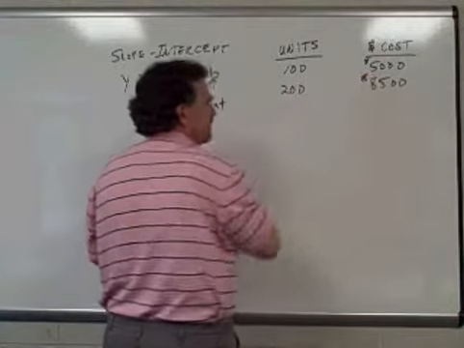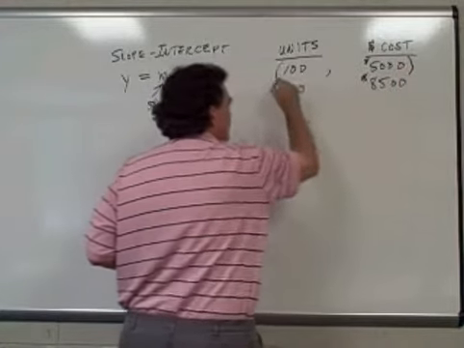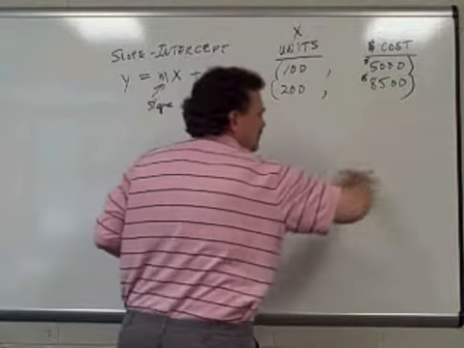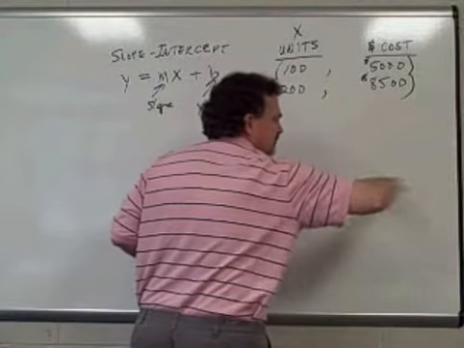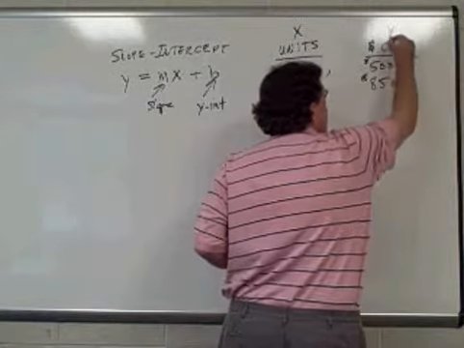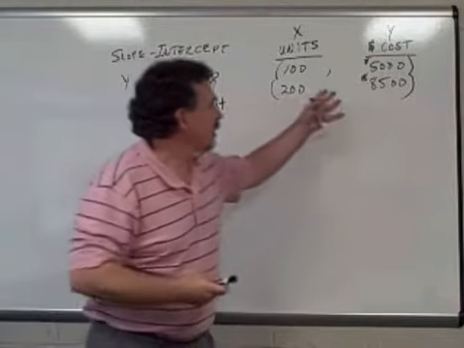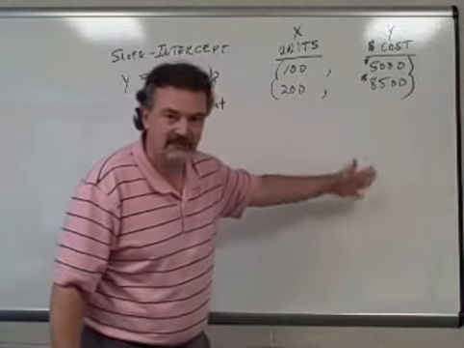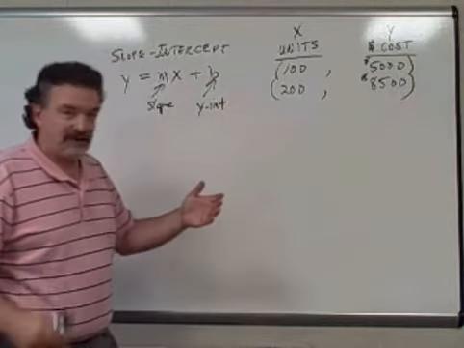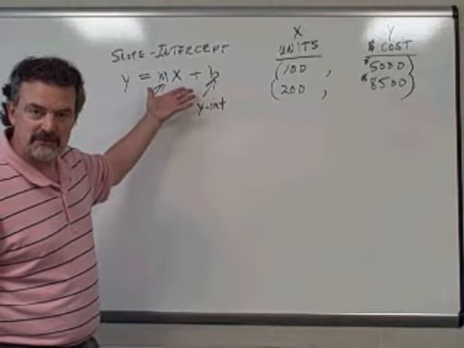Maybe I could think of these as being ordered pairs, where the x would be the units we're going to make, the anvils we're going to make, and the y would be what it's going to cost us to make that many anvils. And so in effect what we have is 2 points that are defining a line. And what we want to find, that formula for the boss, is a linear equation in 2 variables.